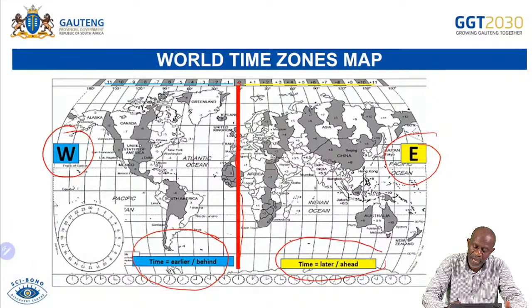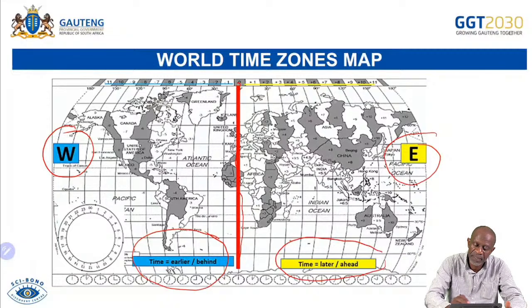This says to us that regions, countries or cities located in the east of the map see the day before the west.